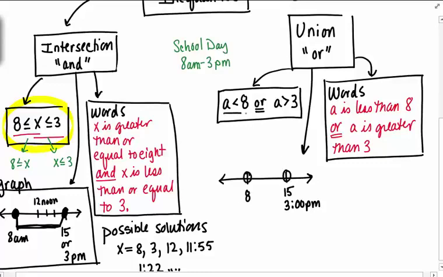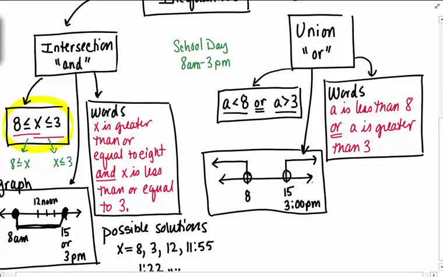A is less than 8, which means we're to the left of 8, or A is greater than 3, which is here. So if you look at this graph, we have two different places that are solutions, which makes sense if you're tying it back to when we're not in school. We're not in school before school starts, and we're not in school after school ends.